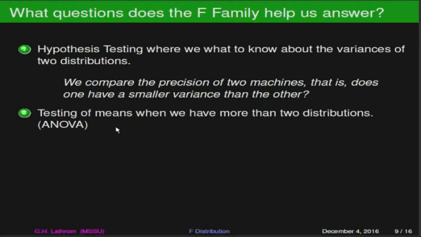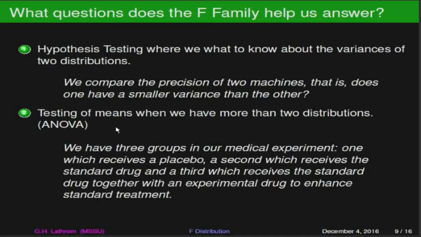Now, where would that naturally show up? Suppose that we have 3 groups in a medical experiment, and the first group is receiving a placebo, the second group is receiving the standard care treatment for the drug, and maybe our real test is we're testing a supplemental drug that enhances the standard treatment.